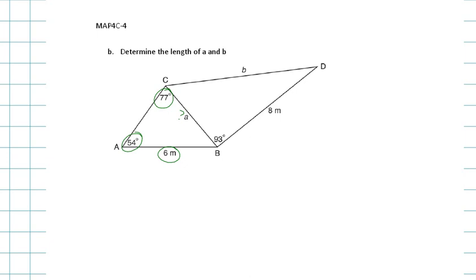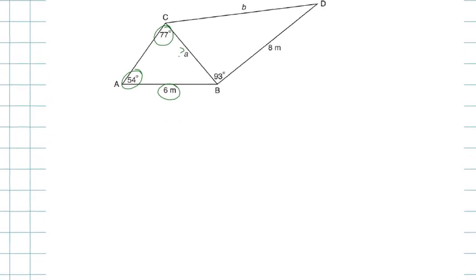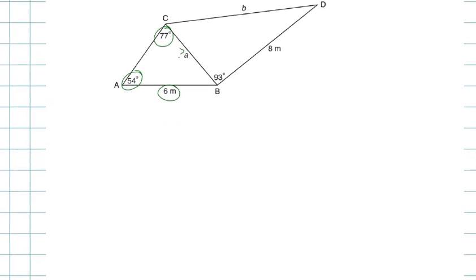So let's do that. Because C and A, I have to use sine. I'm looking for a side, so I have to use A over sine A equals C over sine C. You see how I'm always picking two? I don't care about B right now, so I'm not going to even put it. We ignore it. Side A we don't know.